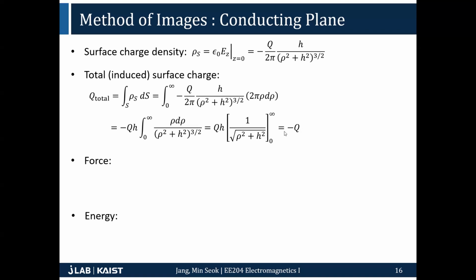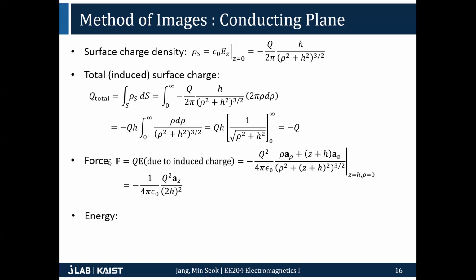So the amount of charge on the surface, if you add them up, is negative Q, which makes sense. And the force is F equals Q times E, and since you know the charge distribution and the electric field due to the charge distribution, if you calculate it, it's actually this, which is the same as the case where you have a negative charge at the image position.